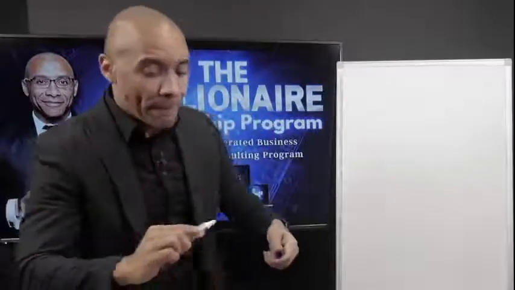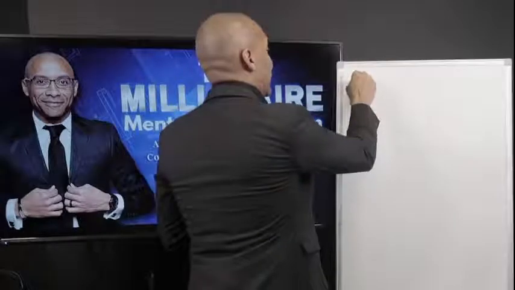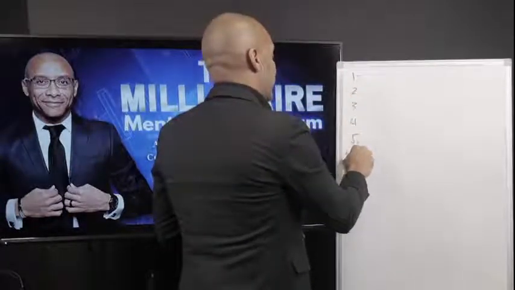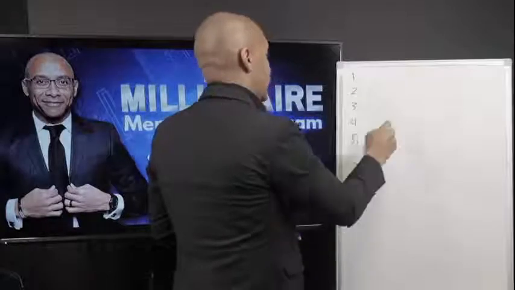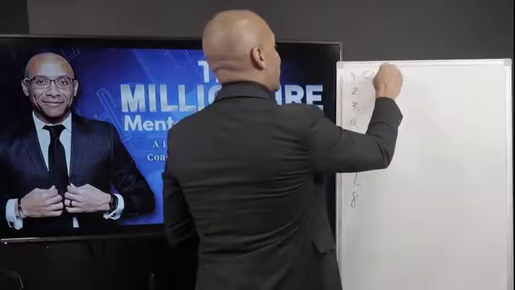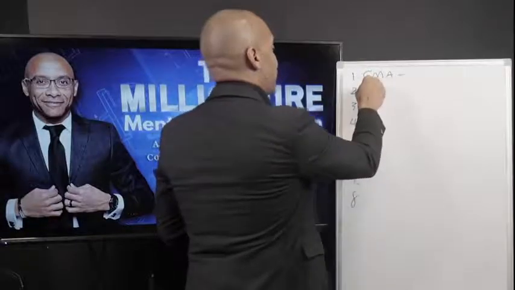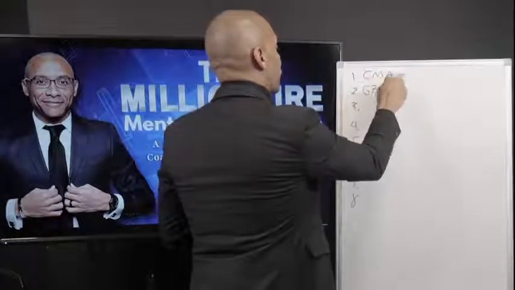Let me give you the terms that you need to focus on and use in order to properly analyze a property. It's going to be 8 terms. 1, 2, 3, 7, 8. This is a CMA, okay? This is GR for gross rent.